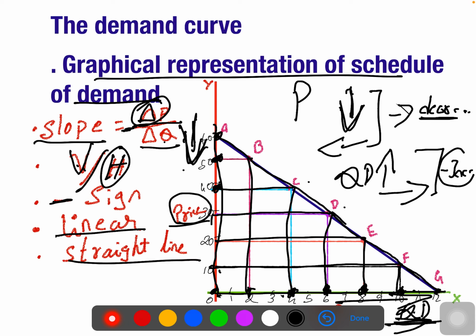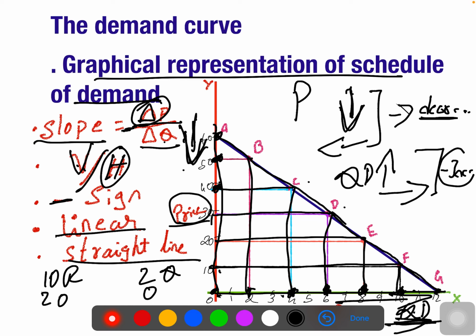All the time, don't expect the demand curve to be a straight line only. The straight line is there because the demand and the price are changing proportionately. If the price is decreasing by 10 rupees and the demand is increasing by 2 units, price is 20, demand is 0.